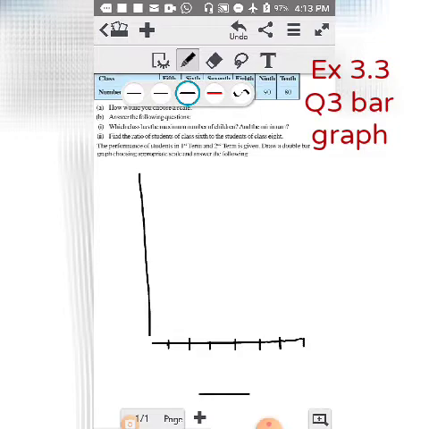On this side we will make an arrow and here we will mention that it is the class. So here we will write class, that is on this side we are writing class, and the class is 6th, 7th, there is a gap in between, 8th, 9th, so on.